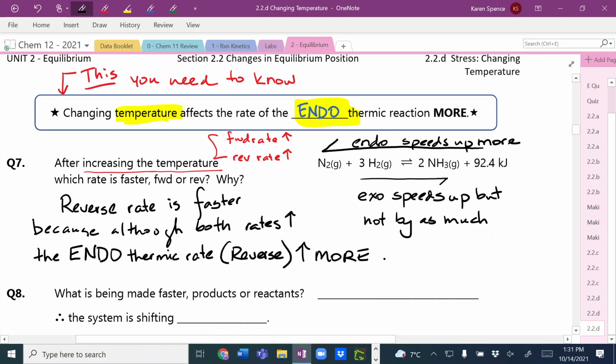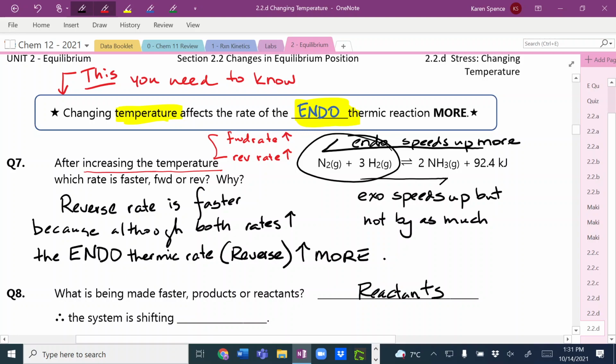And this again is one of those situations where I love having those arrows, like the bigger arrow on the top and the smaller arrow on the bottom, because then if I'm answering a question like what's being made faster, products or reactants, I look at my arrows and say what's being made faster? Reactants are being made faster.